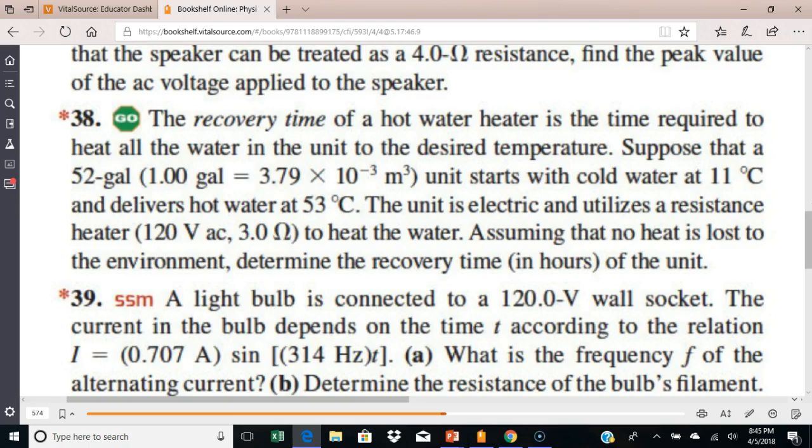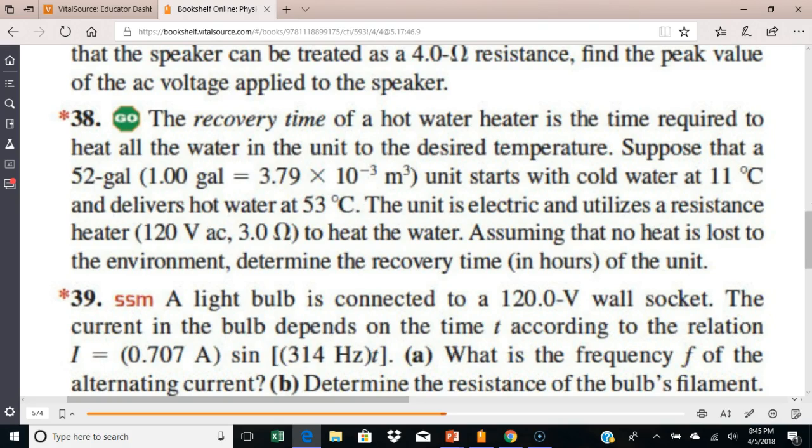So the mass of the water is equal to density, 1,000 kilograms per cubic meter, times my volume, 52 gallons times 3.79 times 10 to the minus third cubic meters. I can calculate my mass, and I should come out with approximately 197 kilograms of water. You call it 200.